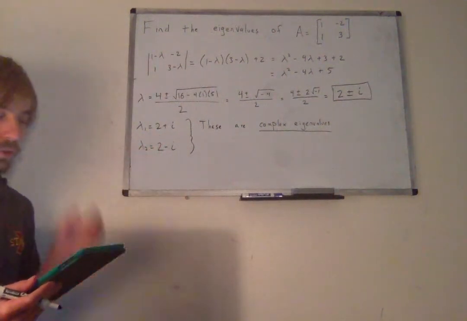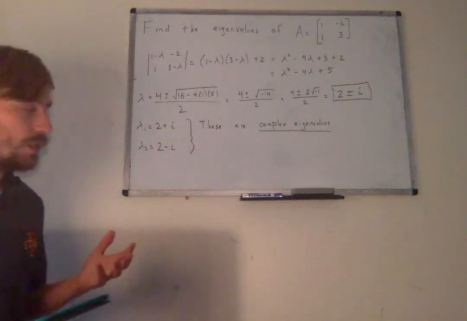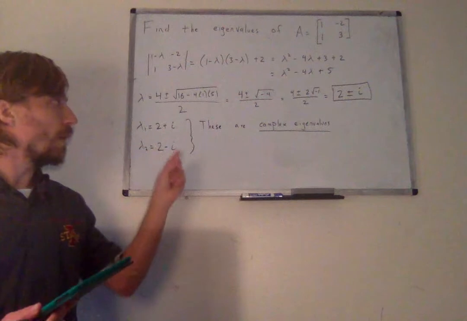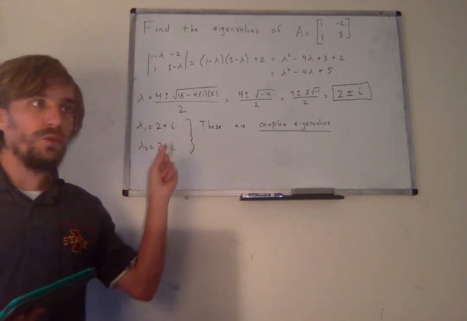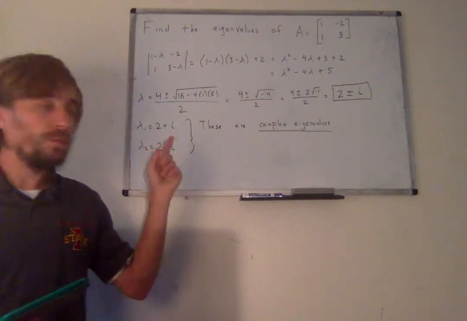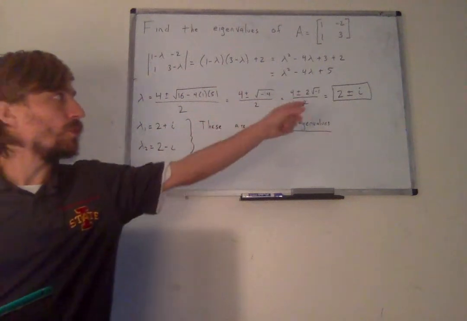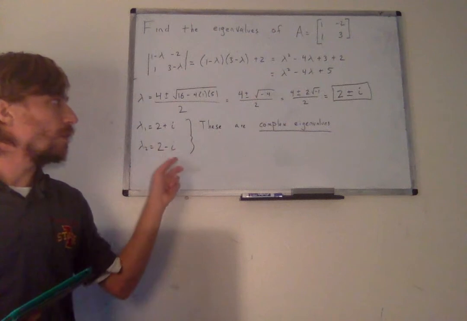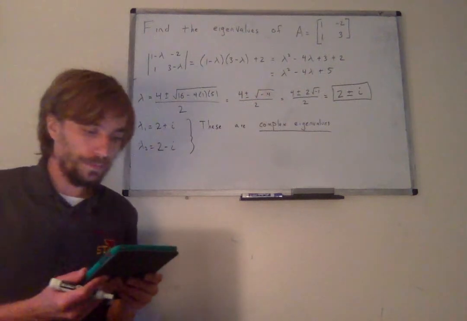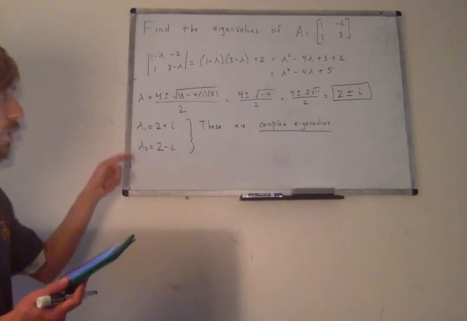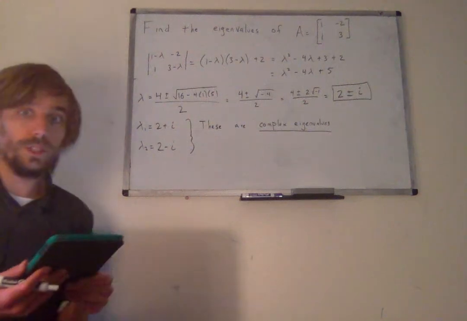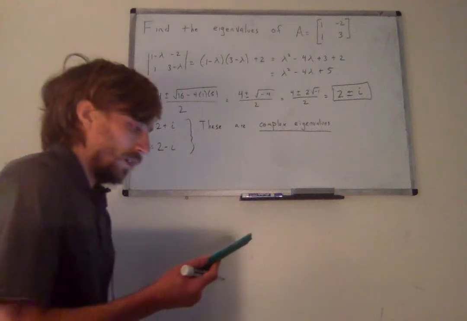This video is mostly going to be dedicated to reviewing complex numbers. But remember, a complex number is just something that includes a complex term, right? And complex terms are just terms that involve the square root of negative 1. So this i term is what makes these a complex number. And notice it has two complex eigenvalues, not just one, right? 2 plus i and 2 minus i, which we'll get to later on.